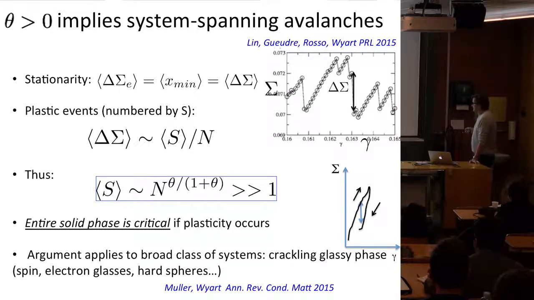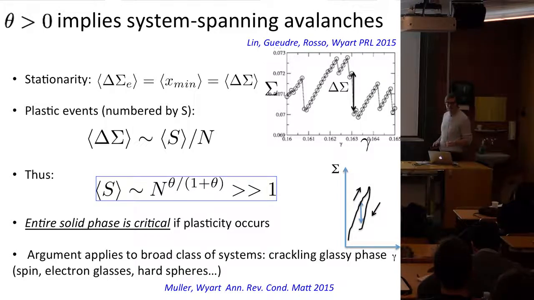And this simple argument is actually valid for any glassy system which has a pseudo gap. So you can think about spin glasses with sufficiently long range interaction, electron glasses, hard spheres, and so on.